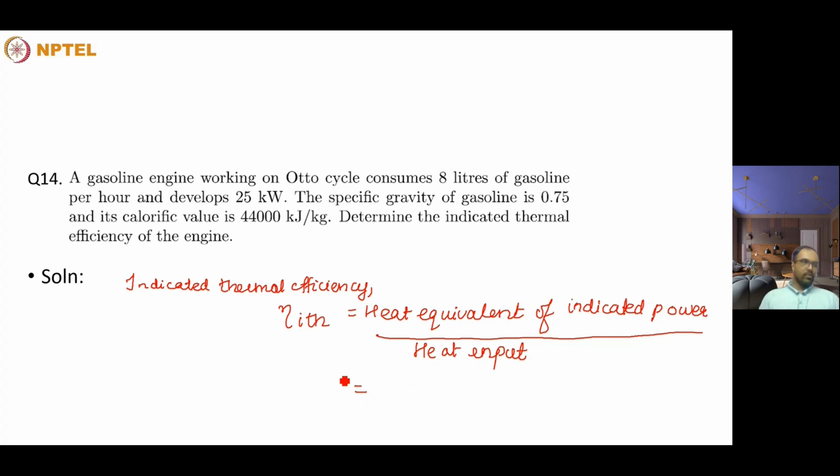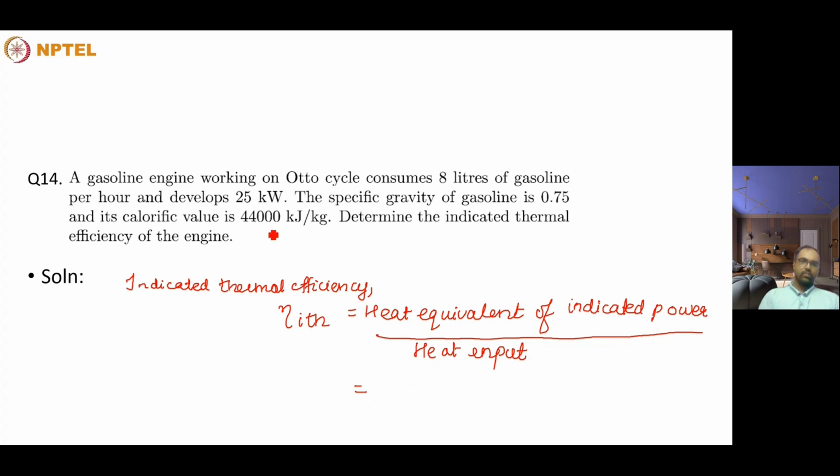So indicated thermal efficiency, ITH, is equal to heat equivalent of indicated power divided by heat input.